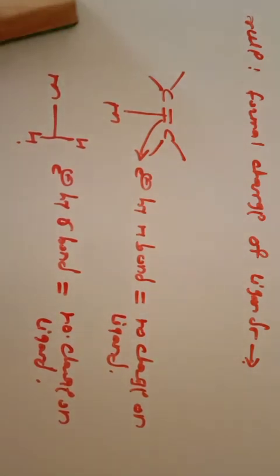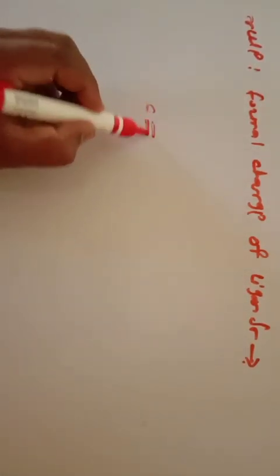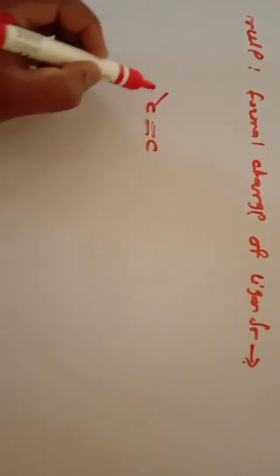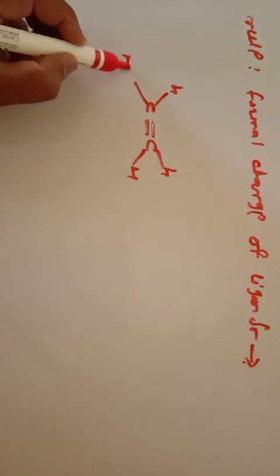But consider this species: a carbon-carbon double bond, with hydrogens on the carbons, but one hydrogen is replaced by the metal atom.